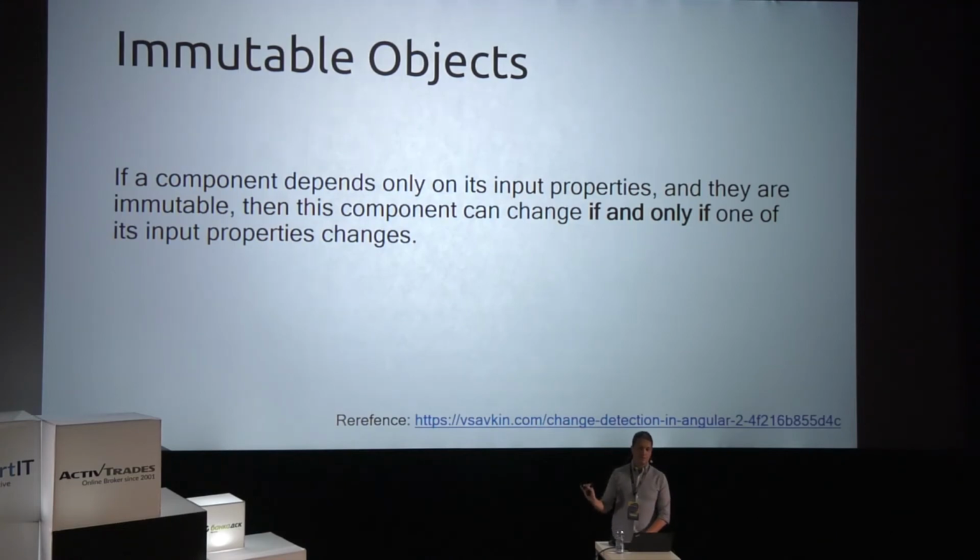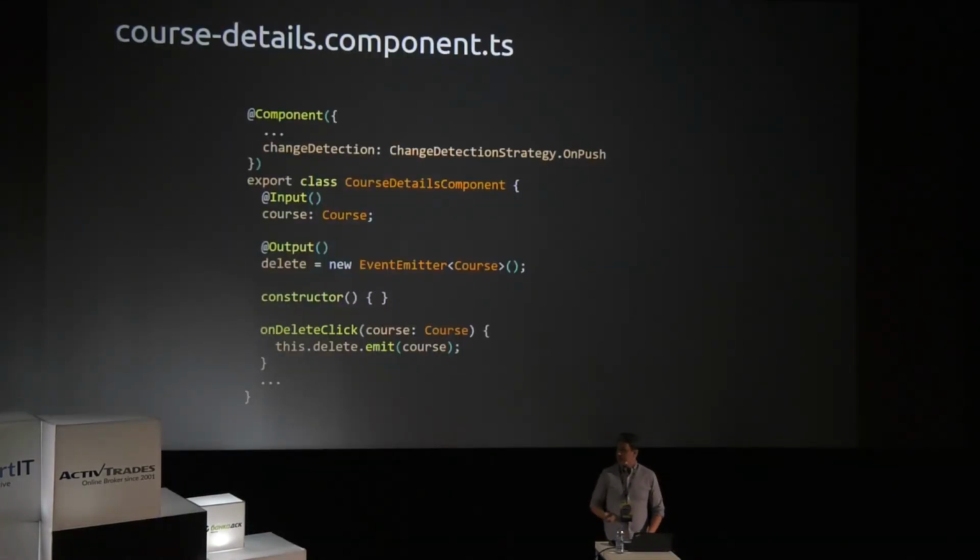Then we go back to our presentation components, which basically render our data, and they take their data as an input. And we can tell Angular that we want our components to get re-rendered only when a new reference is pushed to the component as an input. So let's see how this works.